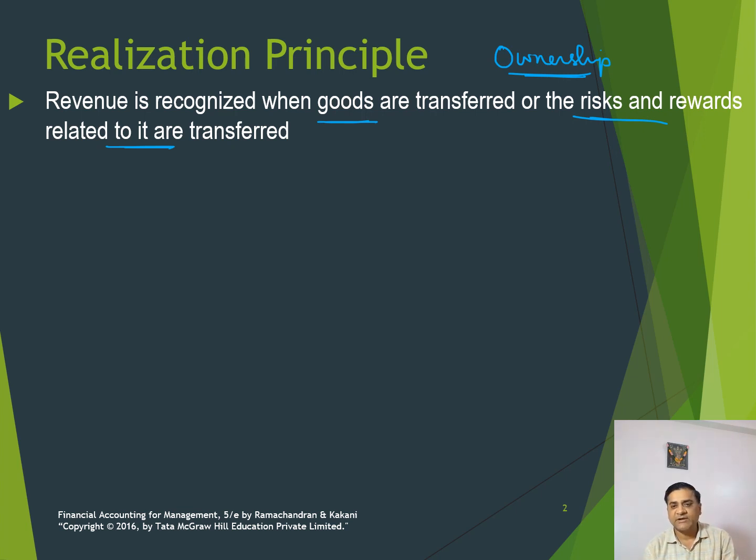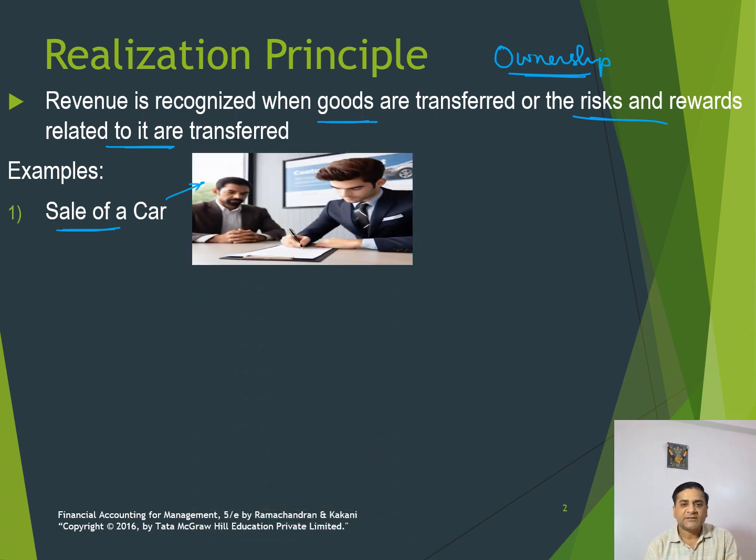Let's see this by way of a few examples. Suppose if we talk about the sale of a car, when do you think that the car dealer assumes that the car has been sold? When the car moves out of the showroom, or when the payment is made, or what would be the timing for recognizing the revenue in case of sale of a car?